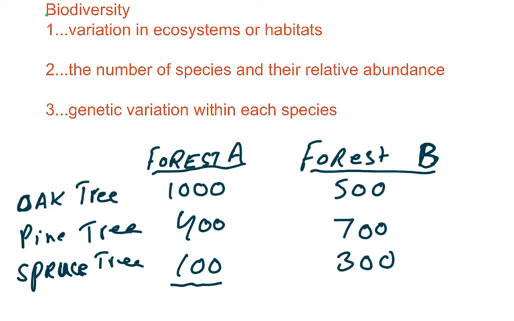Species diversity is considered important because ecosystems with high species diversity tend to be more stable than ones with limited diversity. They are more able to resist change. So this is the second point that we talk about, species diversity. Then the third point that we talk about is genetic variation within each species. Now I'll give you a very simple example.